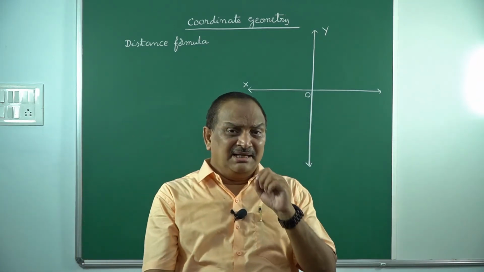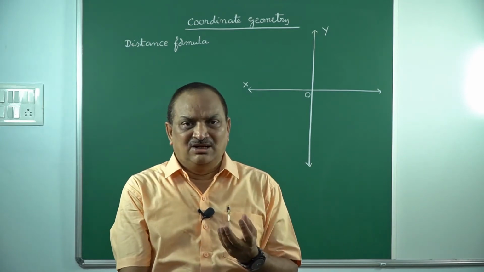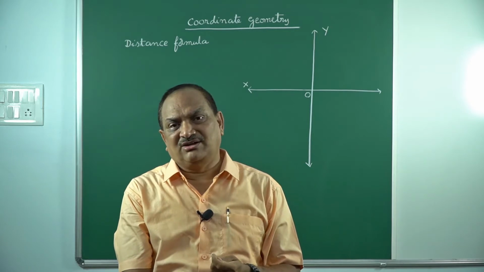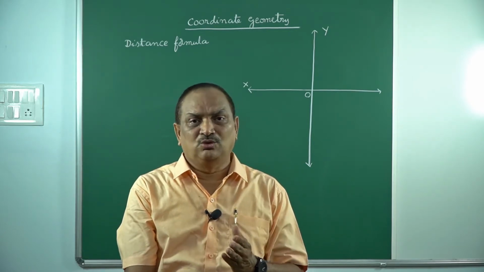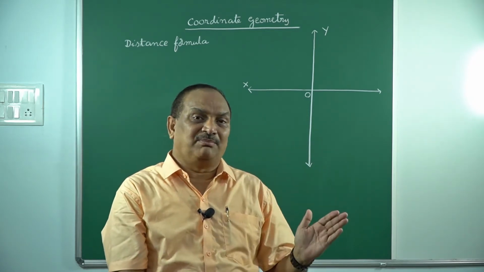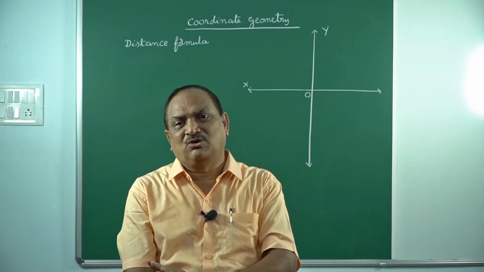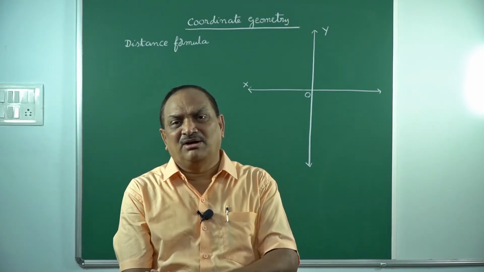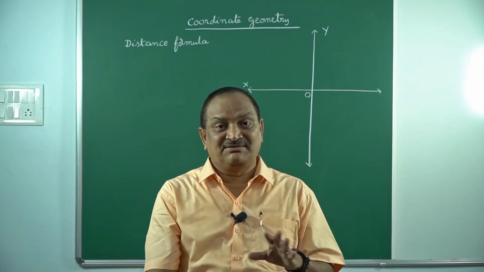Any point you have in the plane can be represented by two coordinates, x coordinate and y coordinate. And conversely, if you have a point whose coordinates are known, it can be assigned to a point in the plane. If the point is in the plane, it should have some coordinates, and vice versa.